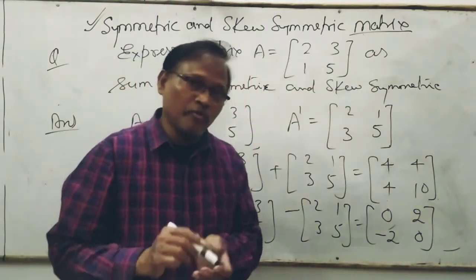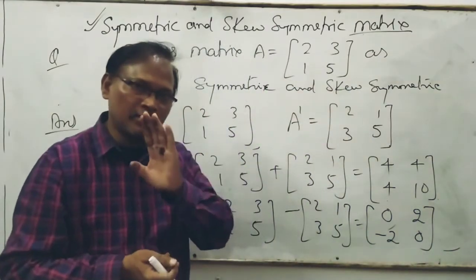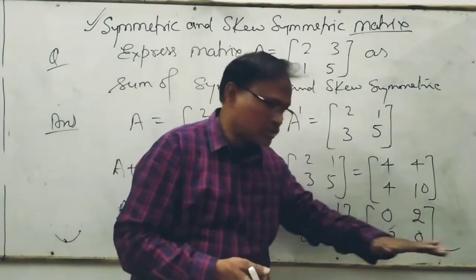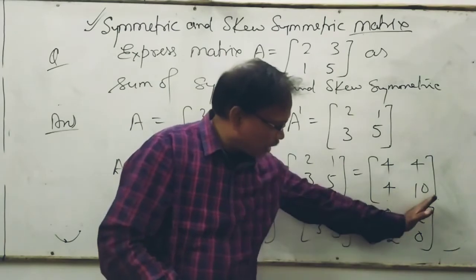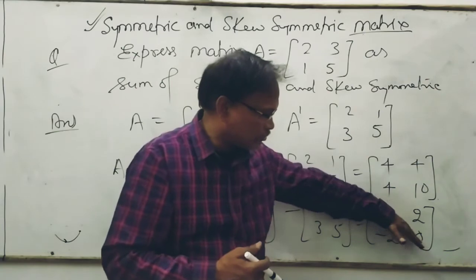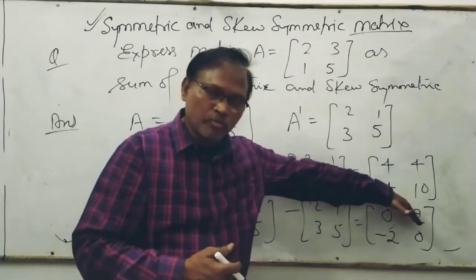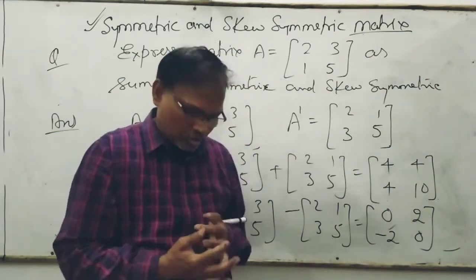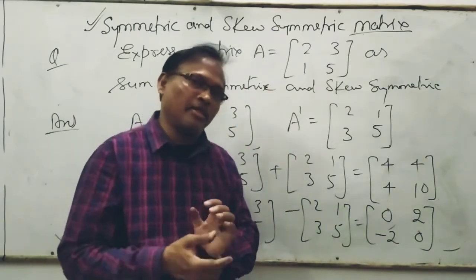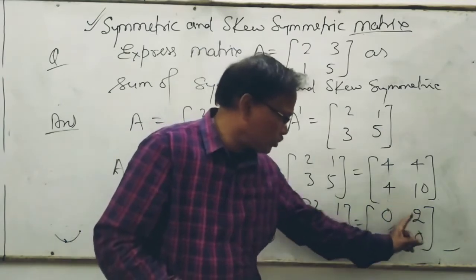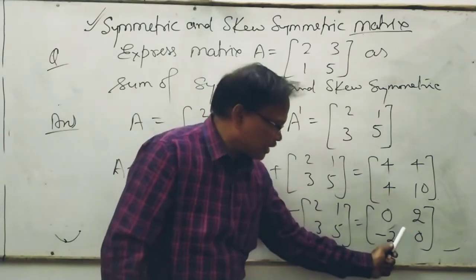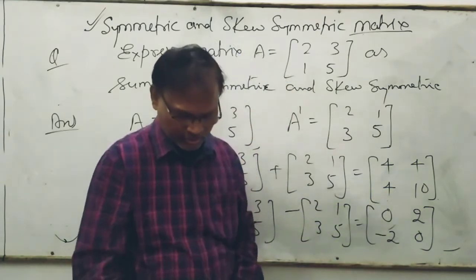If you recall the properties of the skew symmetric matrix, the diagonal elements are 0, and the upper of the diagonal and lower of the diagonal, ये जो प्राइमरी डायगोनल है, इनके जो एलिमेंट्स होते हैं वो only differ with sign. Numerically are same, but only differ with sign. तो ये 2 हो गया, ये -2. It means this matrix is symmetric and this matrix is skew symmetric.